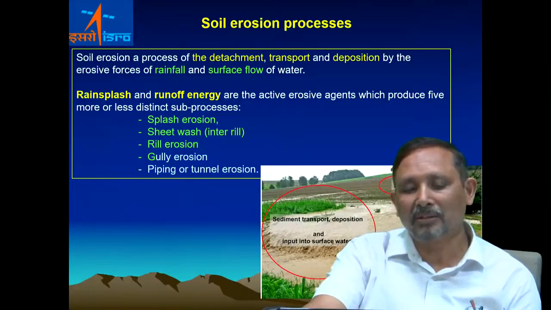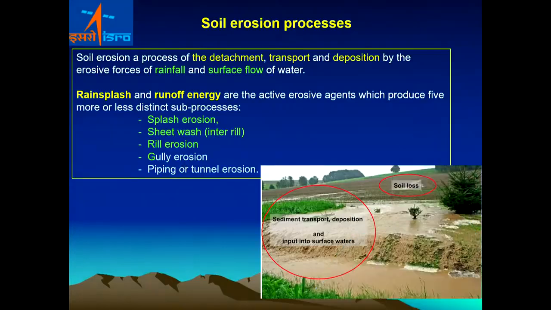Therefore, erosive action will be high, and the depressional area becomes wide. If they are narrow and not so deep, then it is rill erosion. When it becomes very wide and deep, then we call it gully erosion.